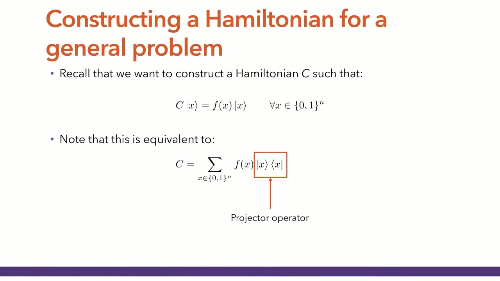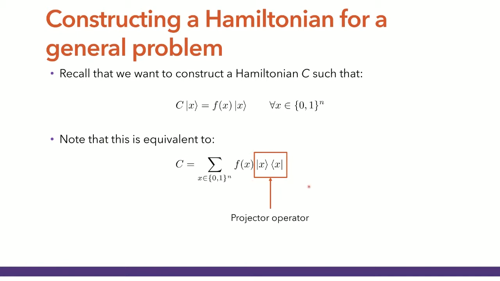Okay, now back to our Hamiltonians. You can get this action by building the Hamiltonian as a sum of f of x times the projector onto the computational basis state x.